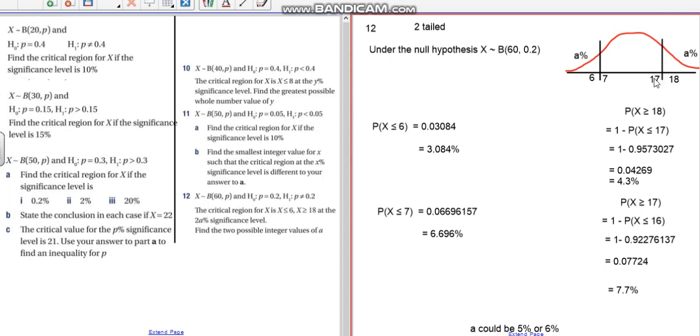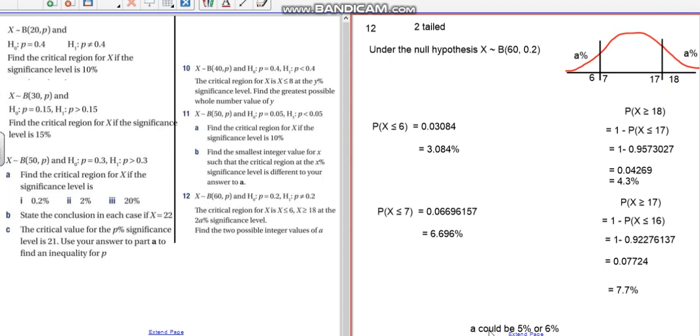What's the probability of being greater than or equal to 17? Well, following this process of doing 1 minus, I would get 0.07, which is 7.7%. So again, at 6%, I would still reject 18, because I'd have to do that at 4.3%, and I would still accept 17 if the significance level was 6%.